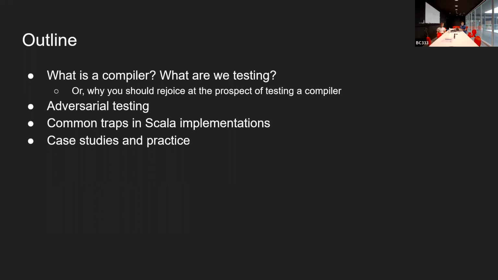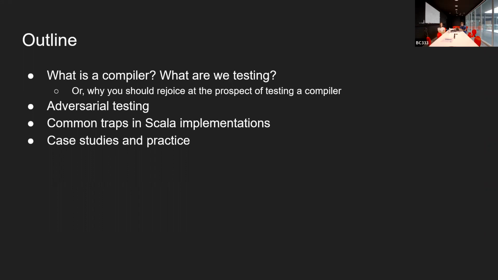Then I'll be briefly talking about what I mean by adversarial testing. Then I'll show some lists, a couple of traps that often come up in the compiler implementations for Scala. So these are things that are always good to test, regardless of what you're implementing, basically.